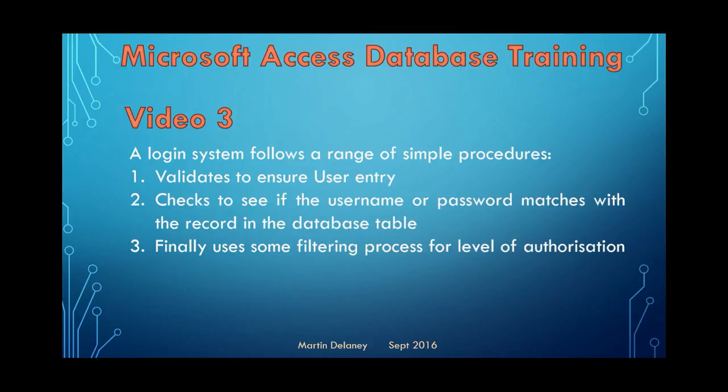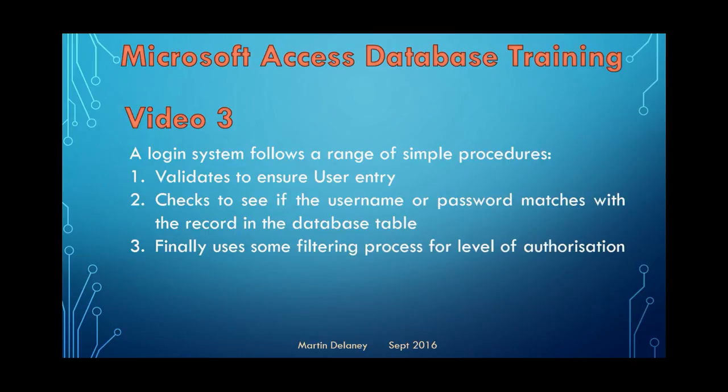Some people use a way that just checks the username to see if it is in the background table, and if the username isn't in the background table, an exit sub or an exit or a break or whatever programming language you're using will bring up an error message and end the process. And then if they are in the system, it'll then check the password that was entered by the user, and if this password is in the background table and there's a match that way.